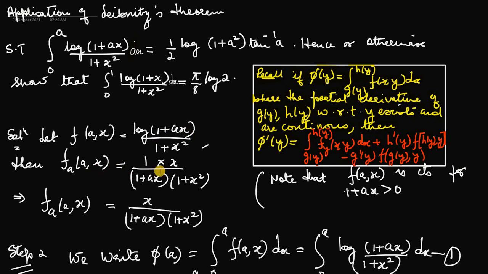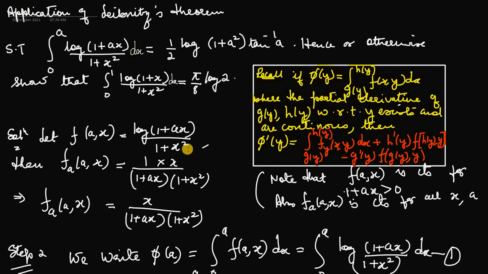And similarly, the partial derivative f(a)ax also exists and is continuous for all x and a where 1 plus ax is greater than 0. So that's why we are able to consider this Leibniz theorem in this problem.